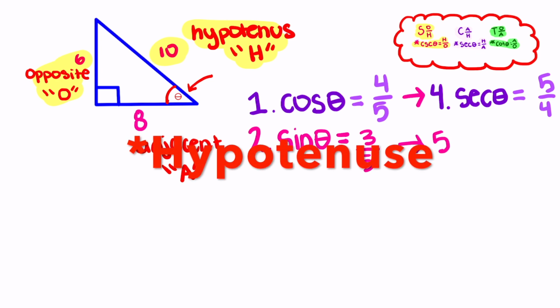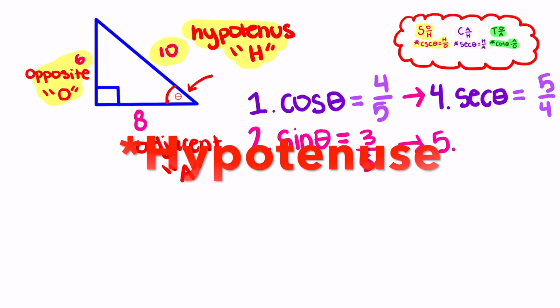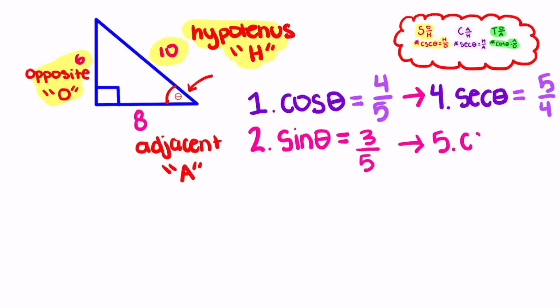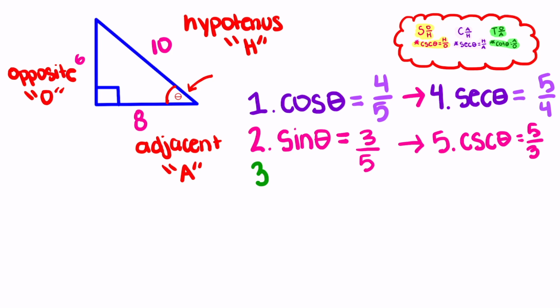So the opposite of sine of theta would be cosecant of theta. And again, we don't have to go through that process of solving anything or simplifying. We can just take that fraction 3 over 5 and write its reciprocal for cosecant of theta, which is just, instead of 3 over 5, 5 over 3.